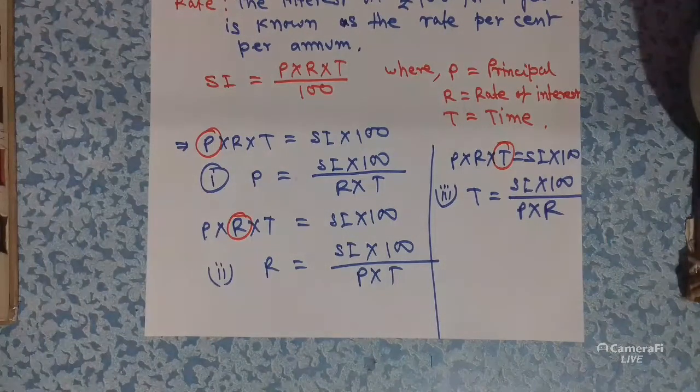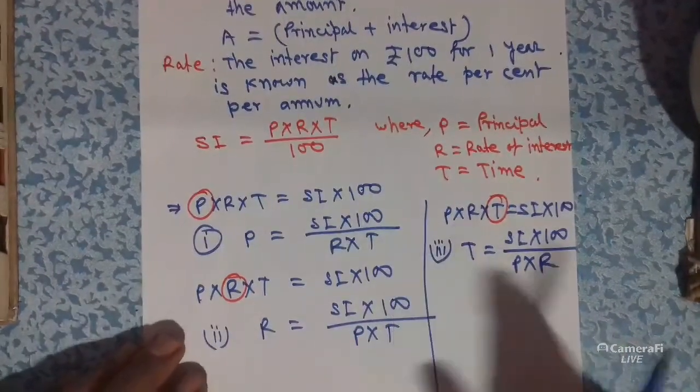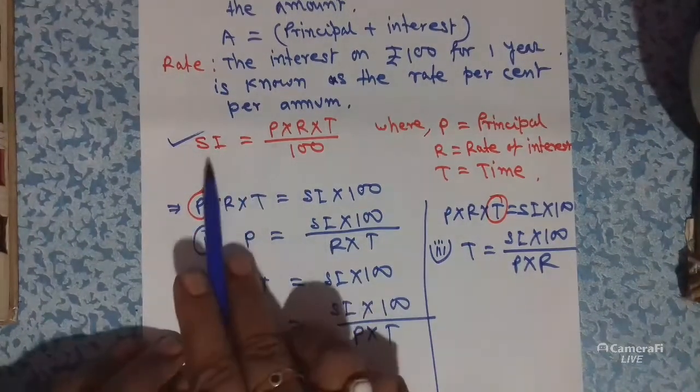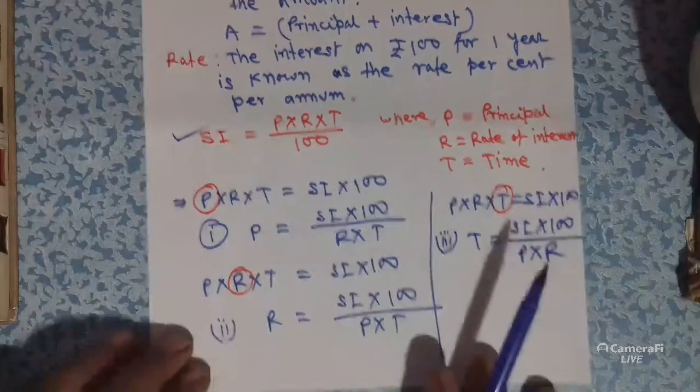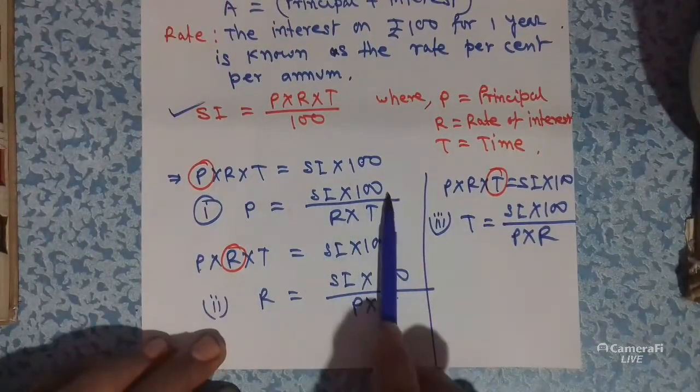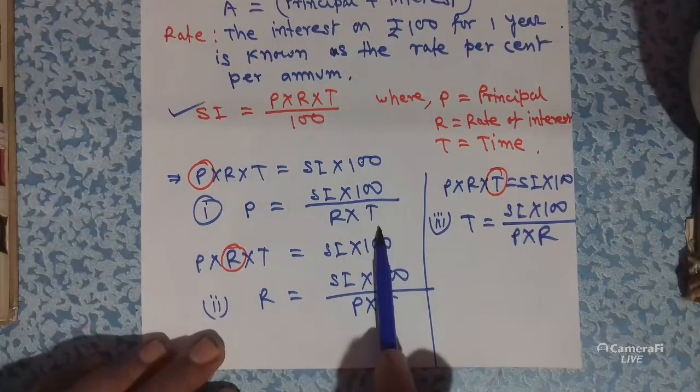So to find simple interest, we must use the formula SI is equal to PRT by 100. When we have to find principal, we use SI multiply 100 by RT.